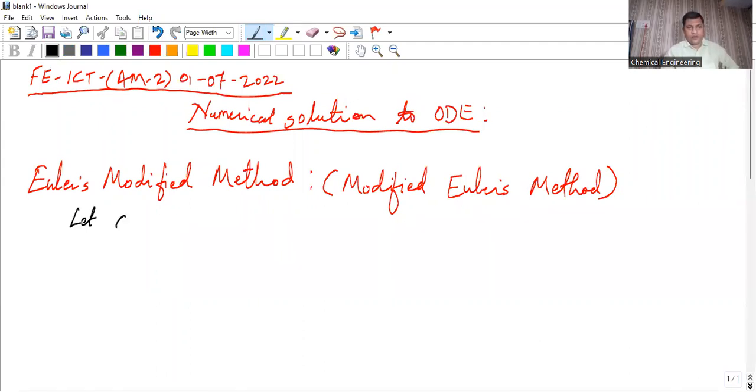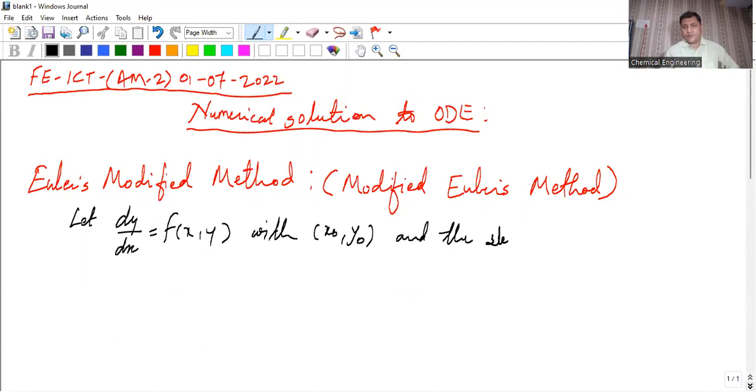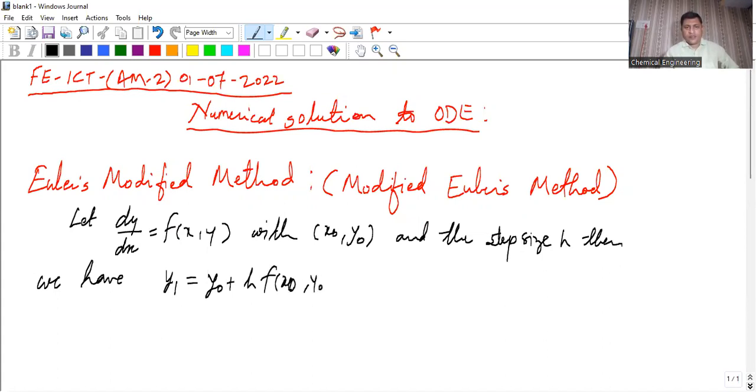Suppose we have dy by dx is equal to f of x, y with the initial conditions x0, y0, and the step size h.